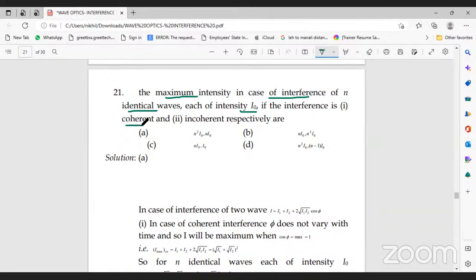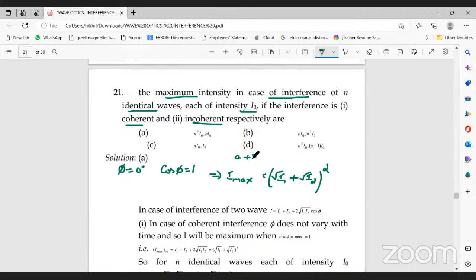One case is coherent, the other is incoherent. For the coherent case, the phase angle should be 0 degrees. So what should the cos phi value be? 1. So what is the maximum intensity? It is given by root I1 plus root I2 whole square.